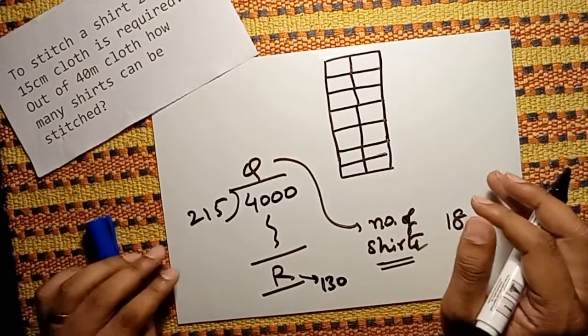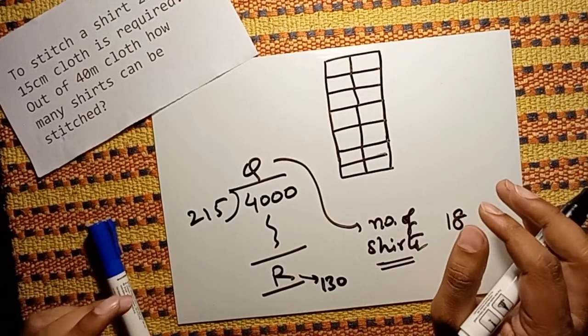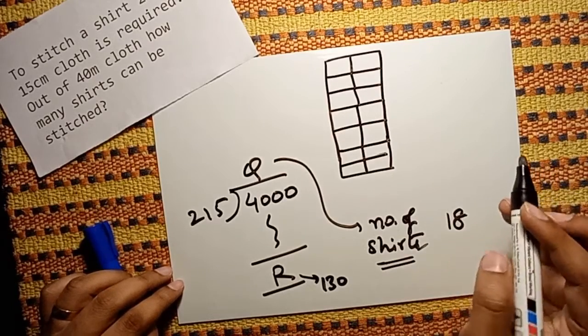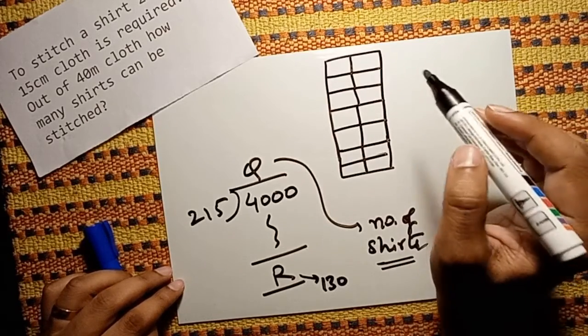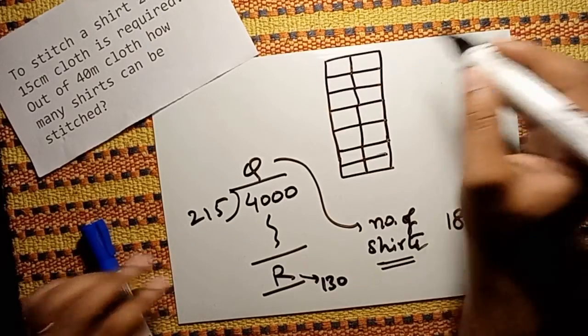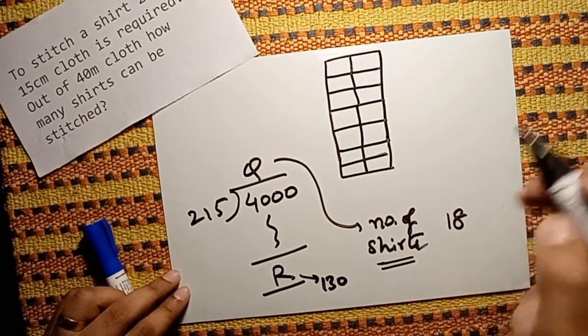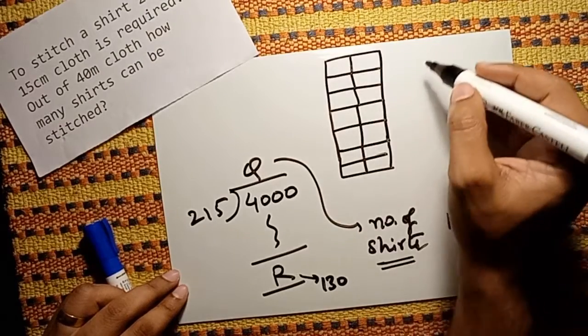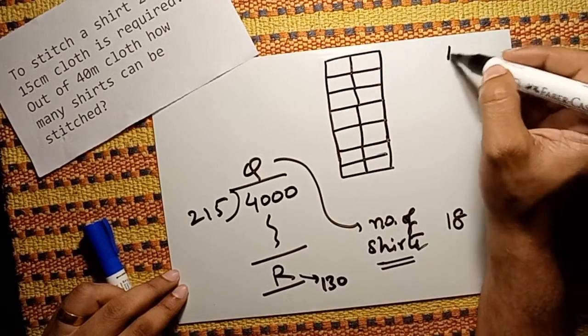Everybody loves it. Now, let's say there are some kids, and each kid wants 4 blocks. Total there are how many blocks? 14.